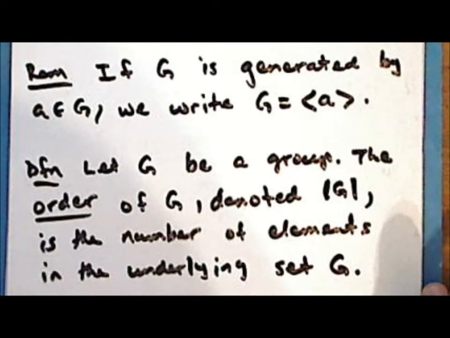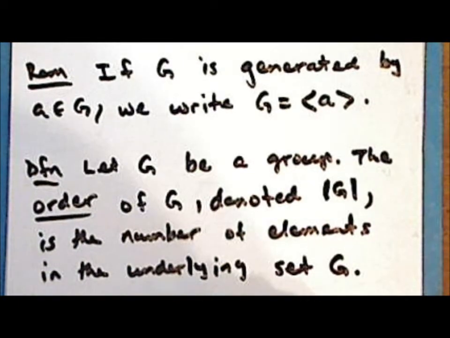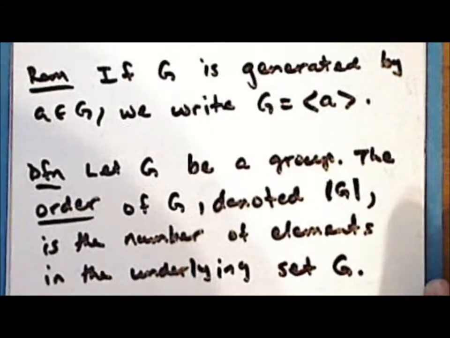Now, every set has a cardinality, but that cardinality is only the order if that set is a group under a given binary operation.